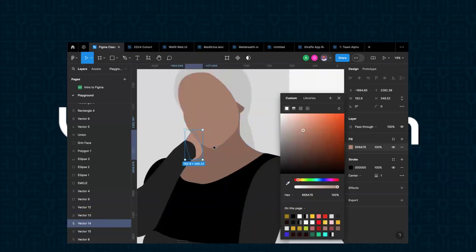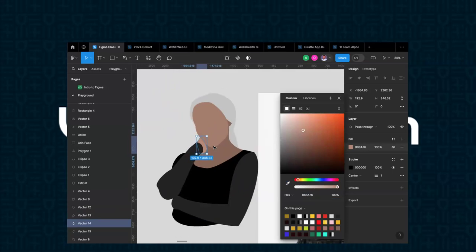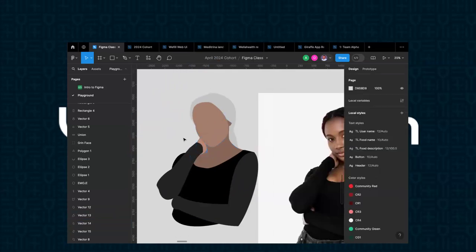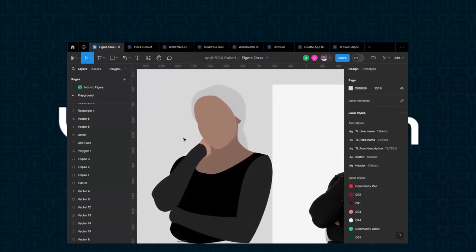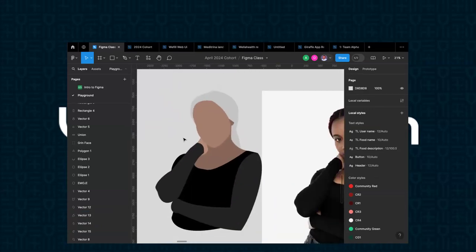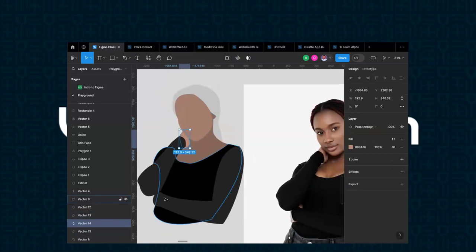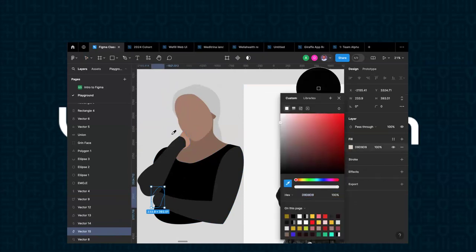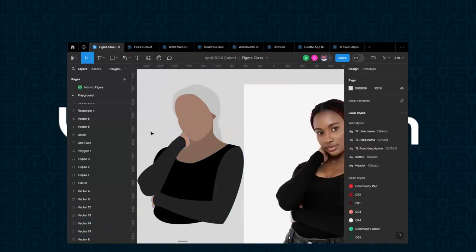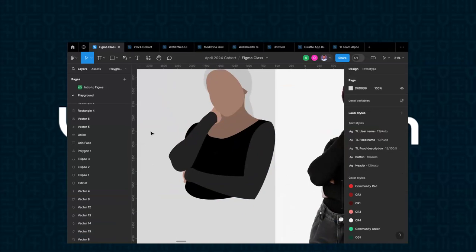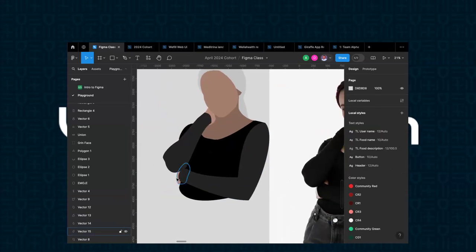I think it is well positioned, right? The position is okay. Let me remove the stroke on this thing. Yeah, and then this one as well. I'm going to just copy and paste the hand. Okay, but this hand here is not all the way at the back.